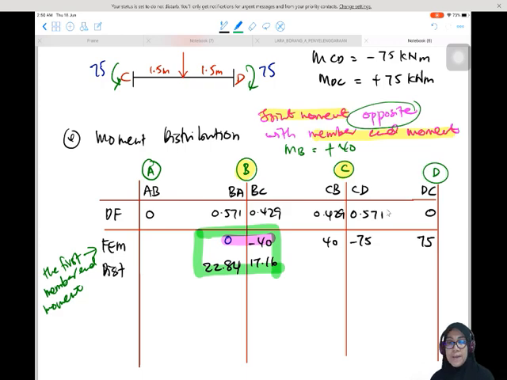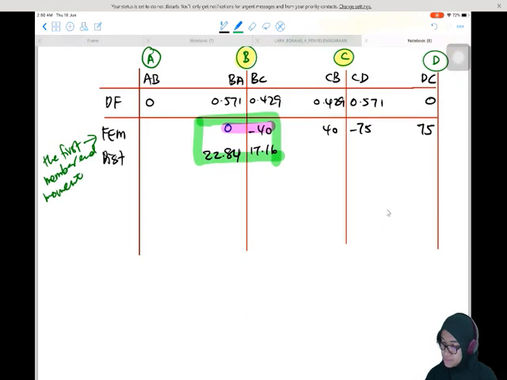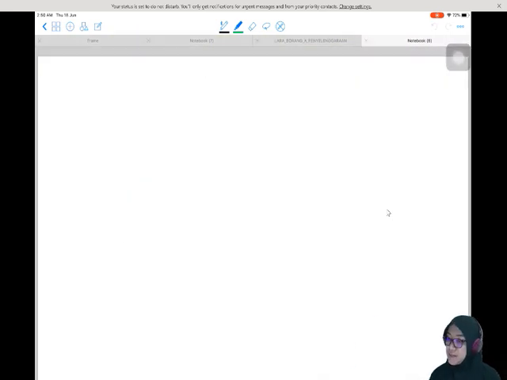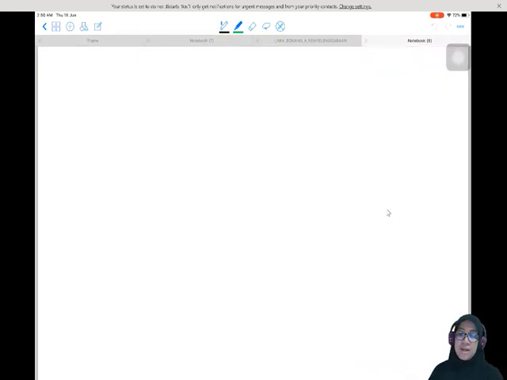That is why 22.84 and 17.16 must be positive, because the total of these two is 40, minus 40, the value is 0. Why do we have to do this? I will explain in the next page.